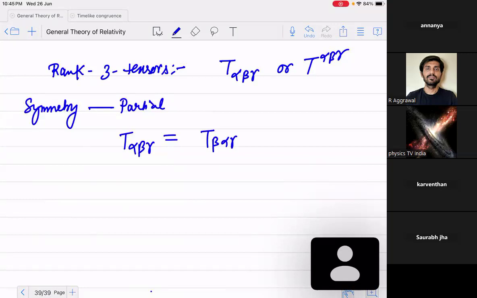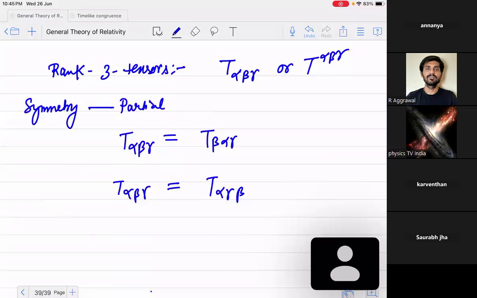Okay, so this tensor is symmetric after the exchange of the first two indices, alpha, beta and beta, alpha. So there is no difference. It is symmetric. And next one is alpha, beta, gamma. It is also symmetric in the last two indices. Okay. Now which one is left? It is symmetric in the first two indices. It is symmetric in the last two indices.